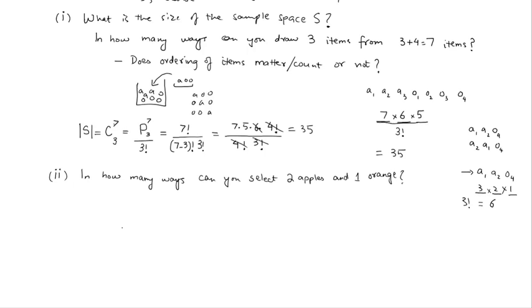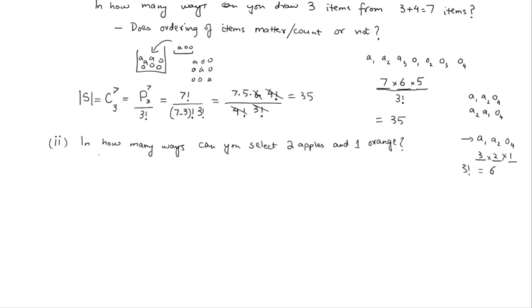Two apples and 1 orange. So we say let's call this our event E. Our event E is the set of 2 apples and 1 orange. Okay.